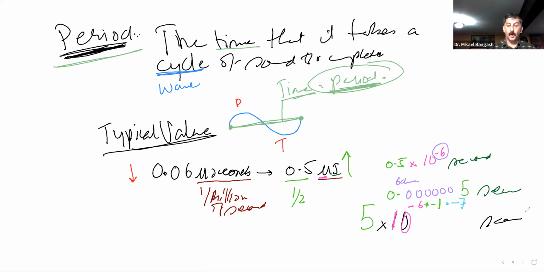So all of these mean the same. Likewise, guys, when we go on to the minimum value, 0.06 microseconds could also be written as 6 times, your micro is still 10 raised to the power minus 6, and your unit is seconds.